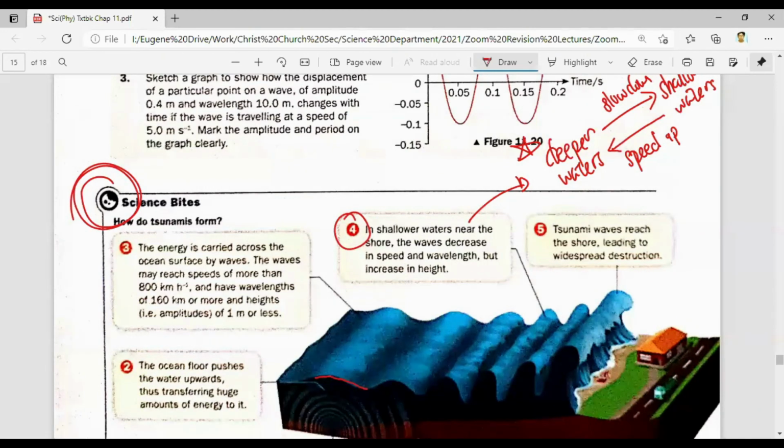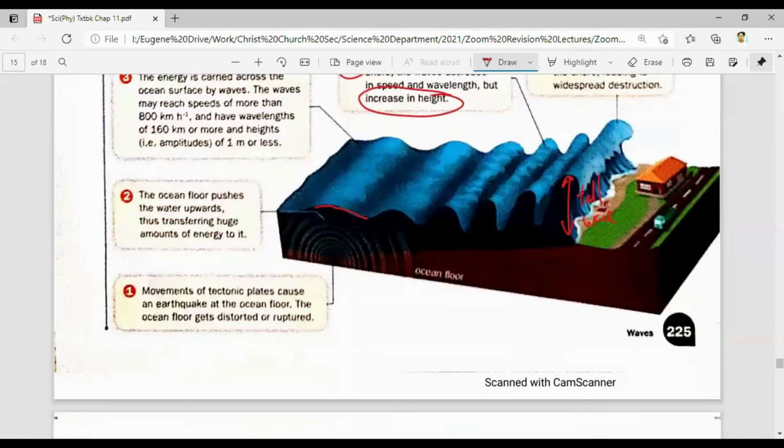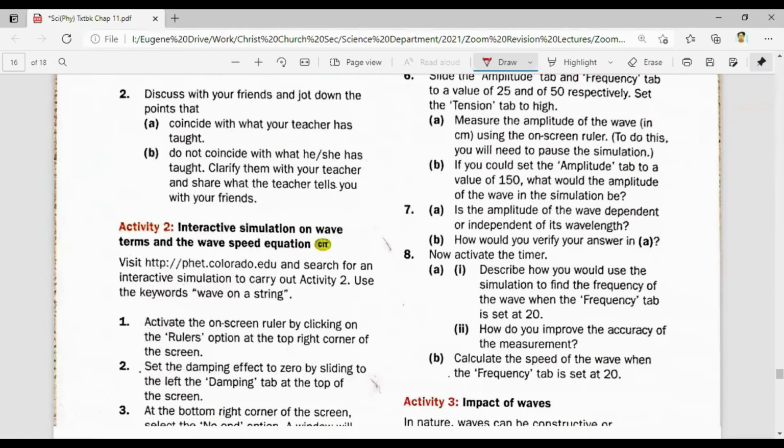But as they come nearer and nearer to the shore, the water is getting shallower and shallower. This causes an increase in height, and therefore whenever a tsunami reaches us, it's a very tall wave. This is a little bit more of an understanding of how tsunamis are formed. Okay, so that's all for this chapter.